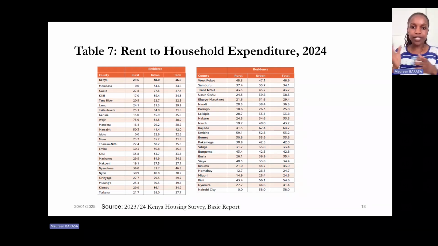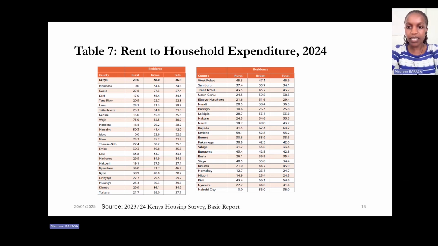Next is just rent to household expenditure. And yeah, at the national level, if we look at the total, at least 36.9% of household expenditure is spent on rent, which is the second thing coming after expenditure on food.